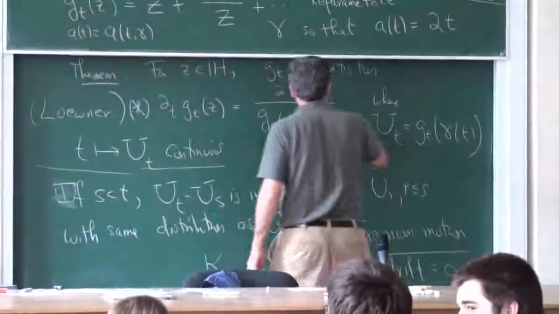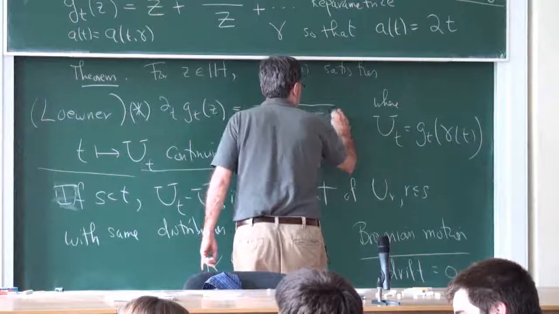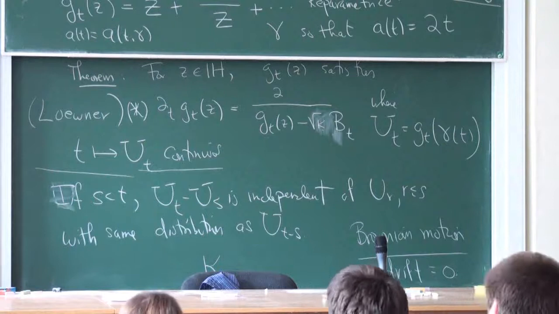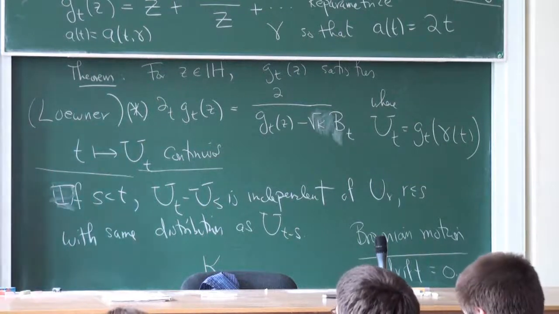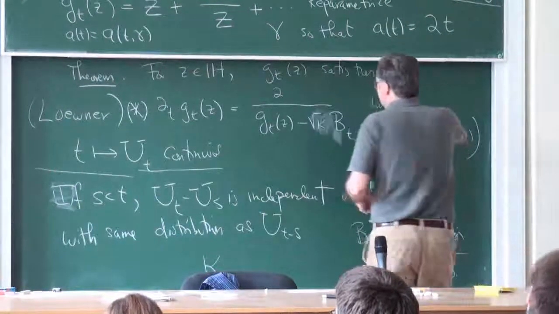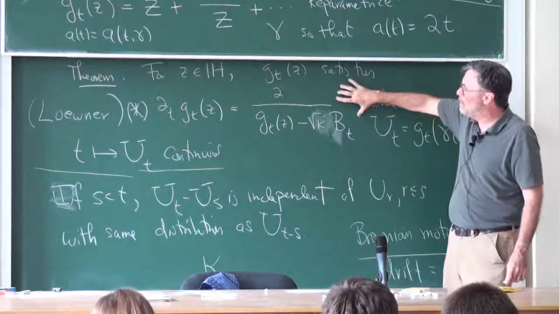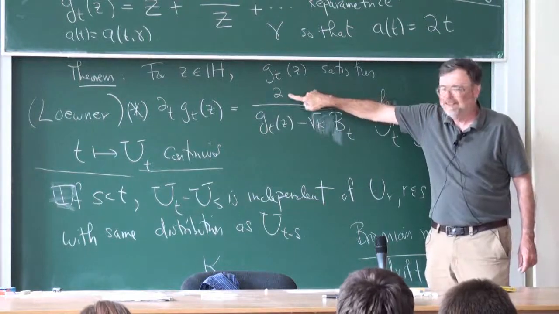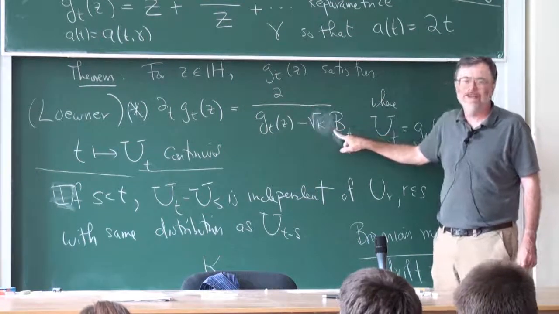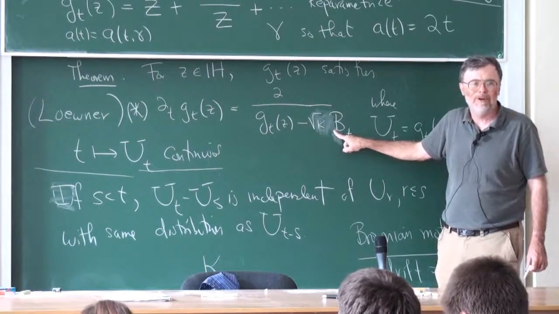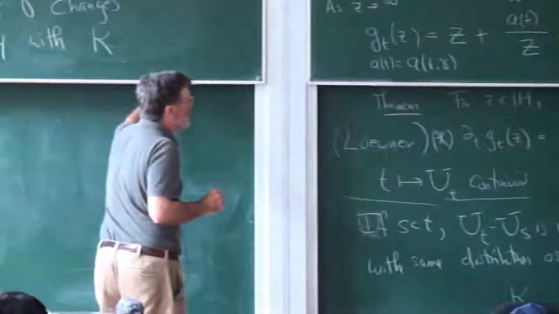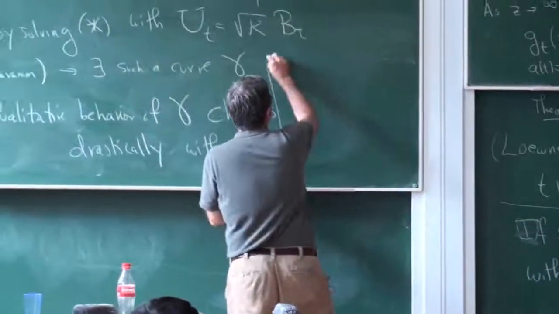Before I do that, I'm just going to change this formula slightly. This is parameterized so that you always have a 2 there. I personally hate having square root kappas multiply my Brownian motion. So I will make a slightly different parameterization.